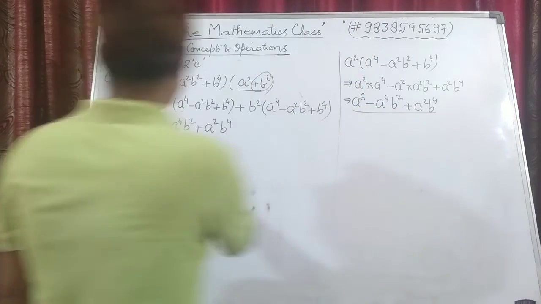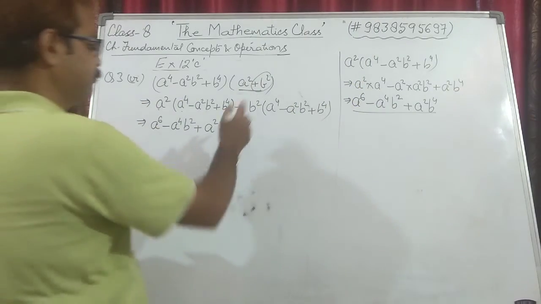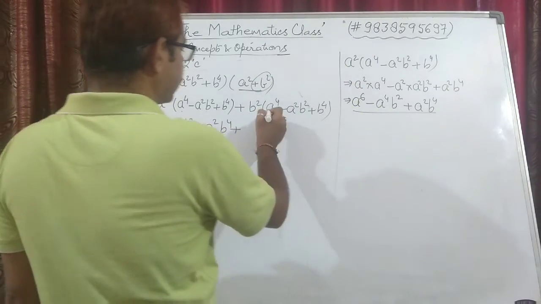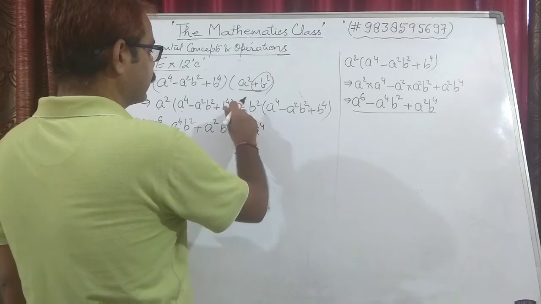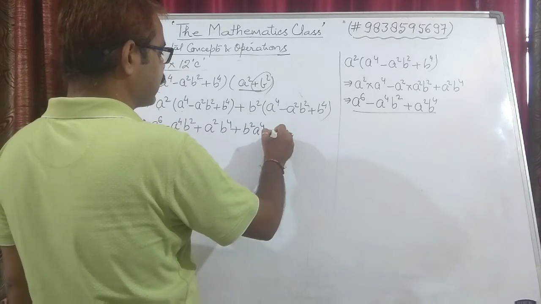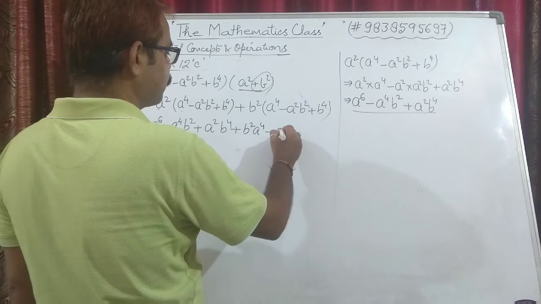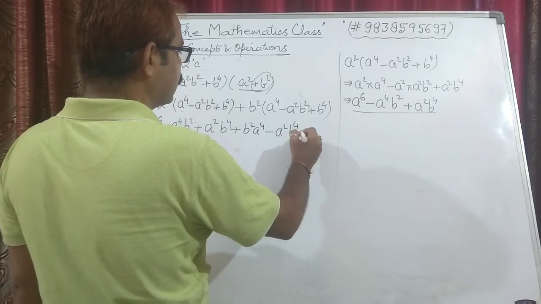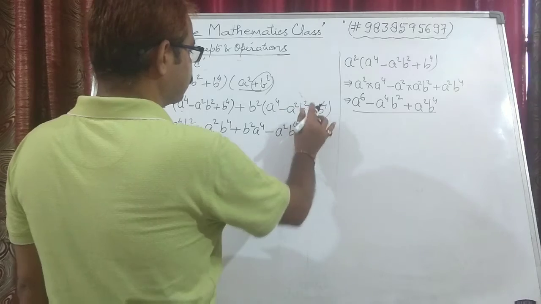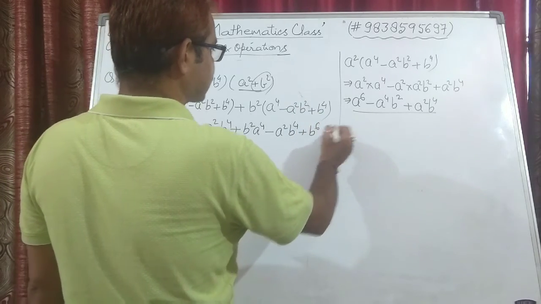This value is directly written over here. Same way, we will multiply b square into a to the power 4, we will get b square a to the power 4. Then plus into minus, we will get minus. So a square b square into b square is b to the power 4, and plus b square and b to the power 4 will become b to the power 6.